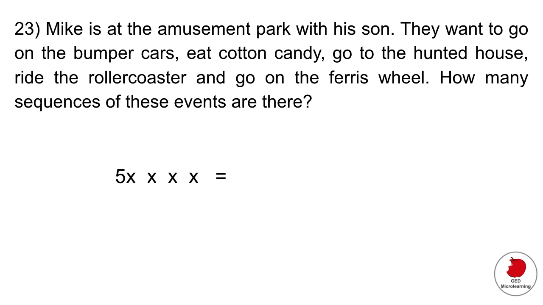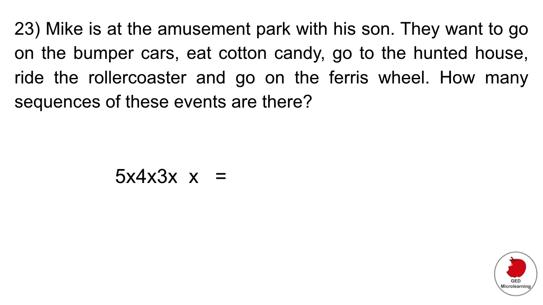So after they go to, let's say that they start with the bumper cars, now they have 4 events that they can do, right? So you would multiply that by 4. So after they've gone to the bumper cars and they've eaten cotton candy, now they have 3 events left, right? So you multiply by 3.